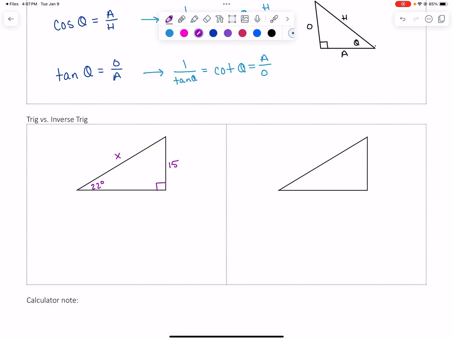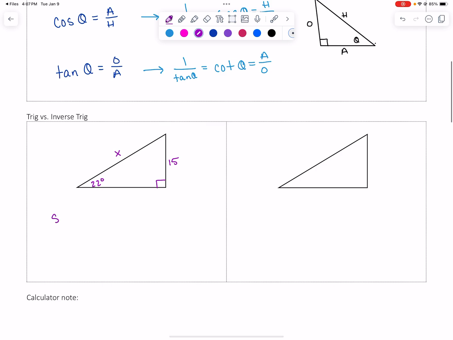We need to then use trig. So we need to say, hey, sine of 22 degrees is equal to opposite, so the opposite side is 15, over your hypotenuse, which is x. All right, solving for x here, we know that x is equal to 15 over sine of 22 degrees.